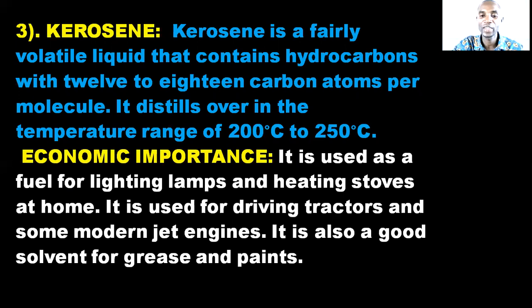It is used as a fuel for lighting lamps and heating stoves at home. Of course, kerosene, we use in our houses for cooking, and in every other thing. It's also used for driving tractors and some modern jet engines. It is a good solvent and also for paint. So we use it for cooking, for driving tractors, and for solvents.